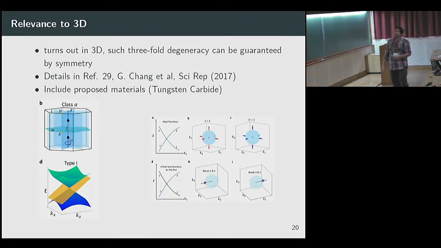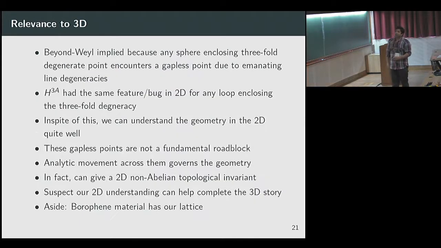But we can already get a sense that if I make cross sections around the line degeneracies, they will just be this, whose geometry we already understand with the toy model. Then if I keep rotating that circle, because it's gapless everywhere, I'm just analytically continuing, and I can perhaps build some topological invariant to spell out the topological information of this band structure. That is what we are thinking about right now. That work is not yet finished.